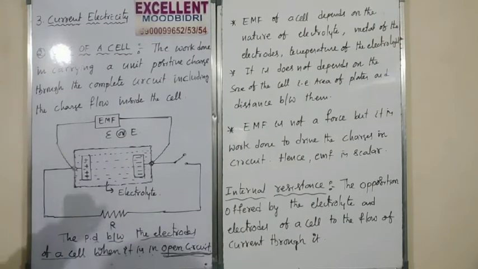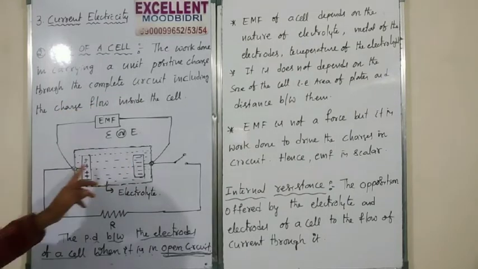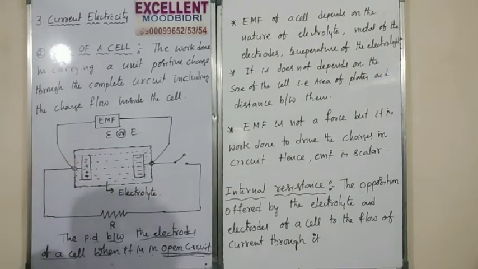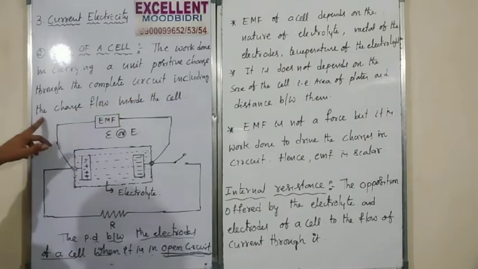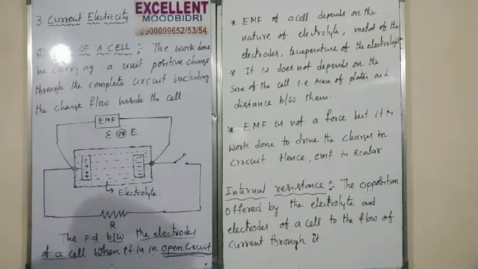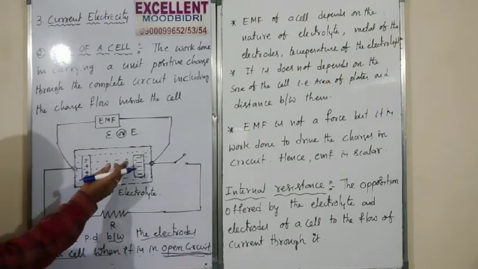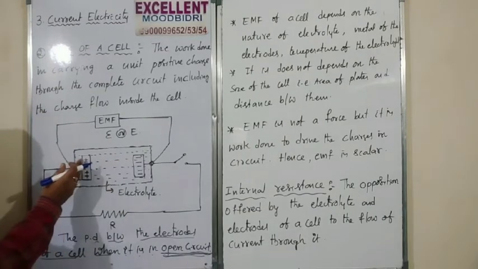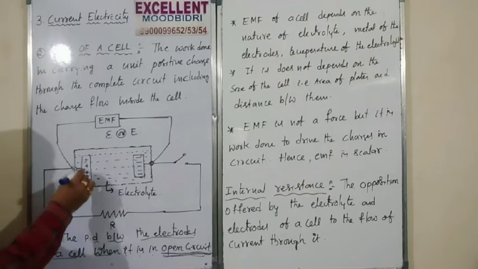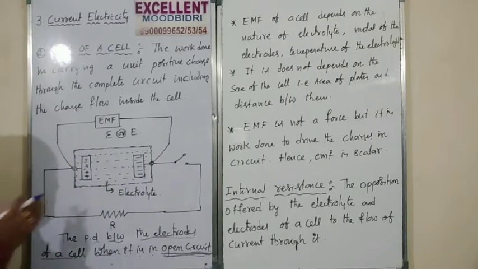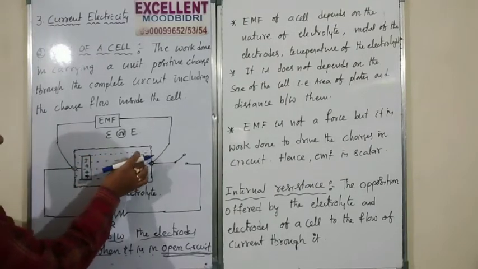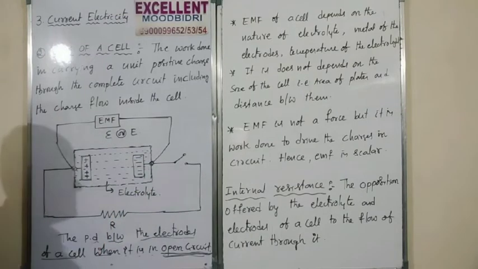One more definition. What is that? The work done in carrying a unit positive charge through the complete circuit, including the charge flow inside the cell. A unit positive charge you can bring from here to here. In that case, this electrode becomes positive, and the negative charge goes this side, so this electrode becomes negative.